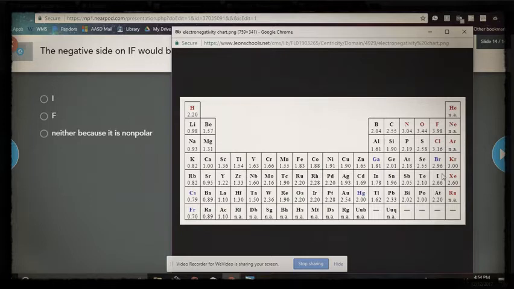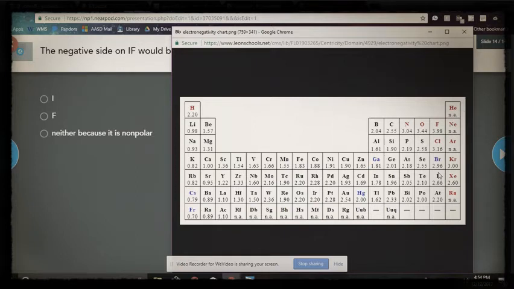So fluorine has a higher electronegativity, so therefore that's going to be the negative side. So this would be a polar molecule, because remember it's only two atoms, so it's going to be linear. So iodine, if that one's on the left, fluorine is on the right. Fluorine would be the negative side, iodine would be the positive side, because iodine has the lower electronegativity.